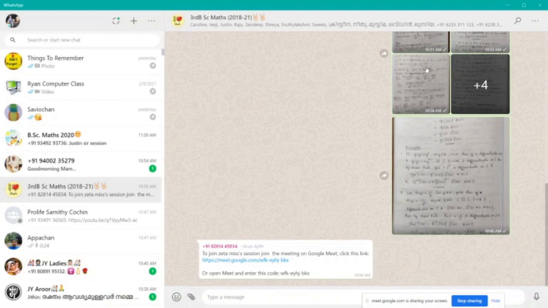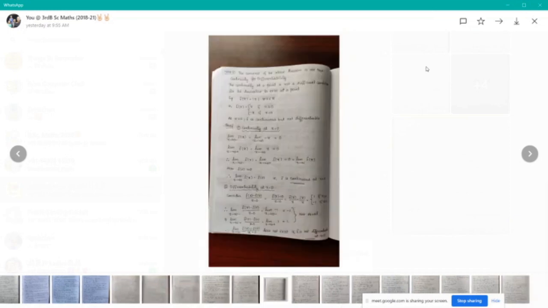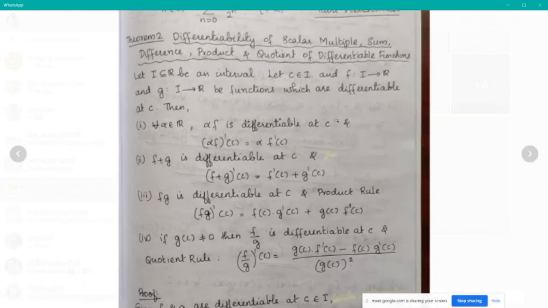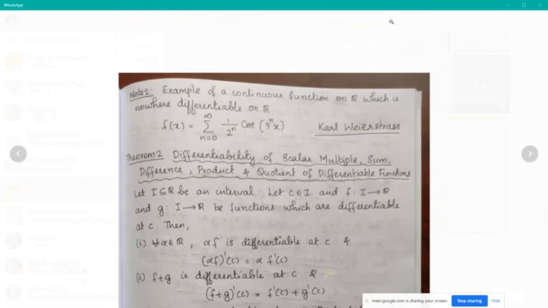Okay. ഇനി നമ്മൾ ഒരു എക്സാമ്പിൾ ടെക്സ്റ്റിൽ കൊടുത്തിട്ടുള്ള ഒരു എക്സാമ്പിൾ, ഒരു ഫംഗ്ഷൻ ഉണ്ട് which is everywhere continuous on R and nowhere differentiable on R. Weierstrass defines ചെയ്തിട്ടുള്ള ഒരു ഫംഗ്ഷൻ.